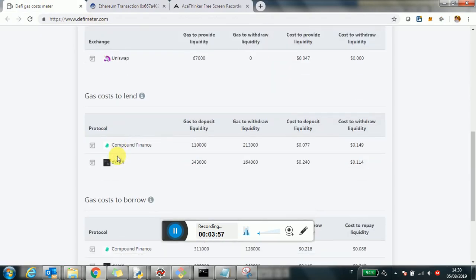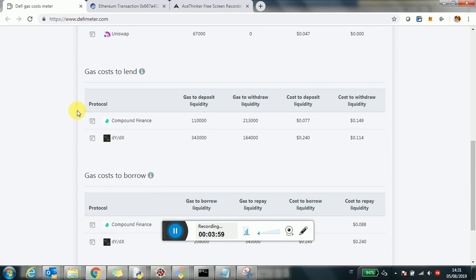The next two buckets are for the lending protocols, and you'll see mapped here Compound and dYdX. The first bucket for lending is the gas cost to lend, divided by whether you want to deposit liquidity or withdraw liquidity. You see the gas and the cost in dollars.